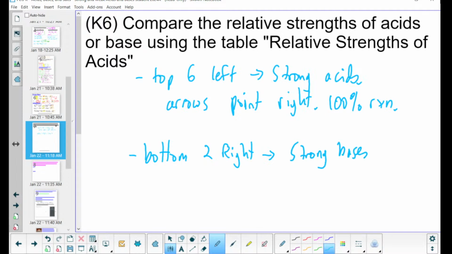Strong bases. Arrows left. 100% reaction.